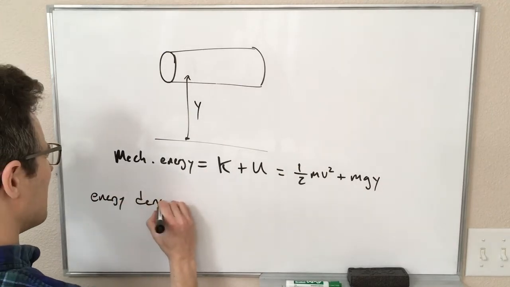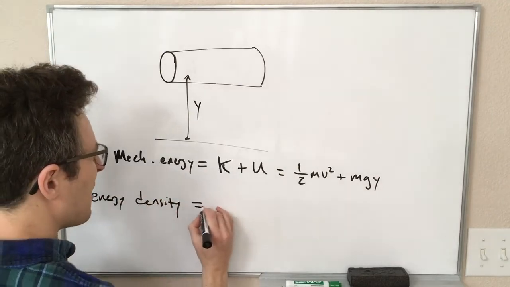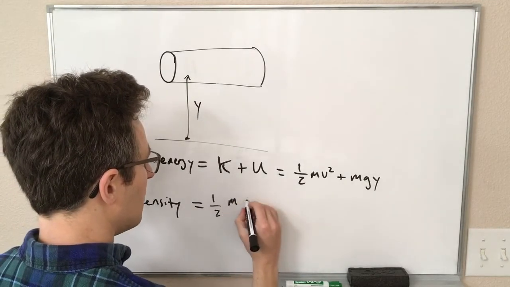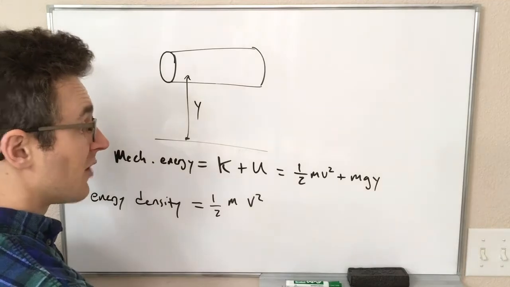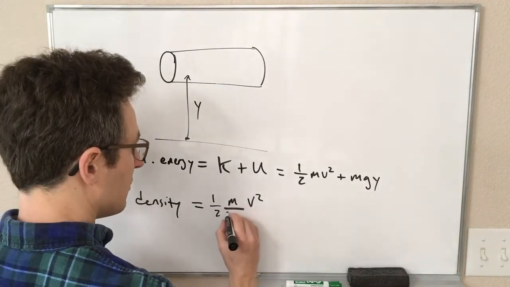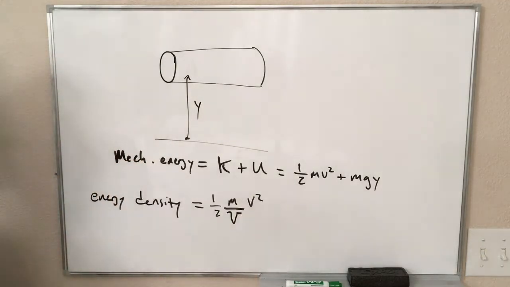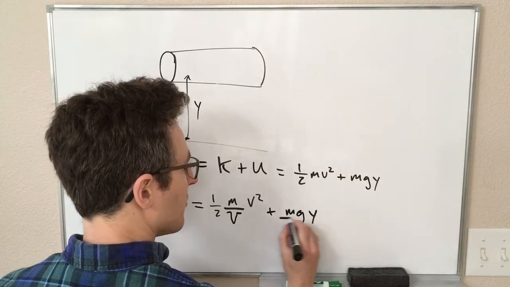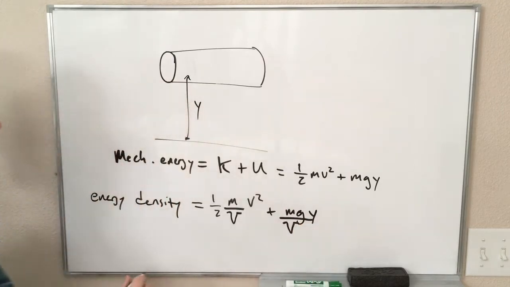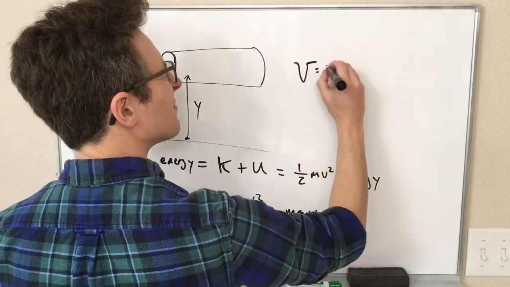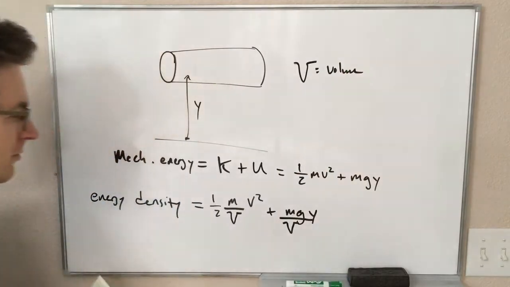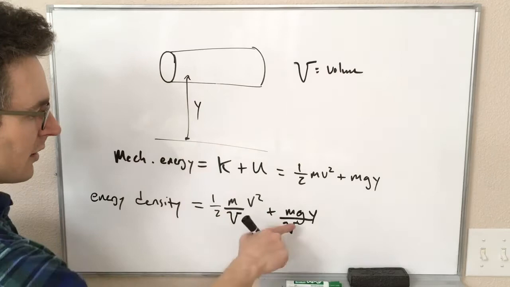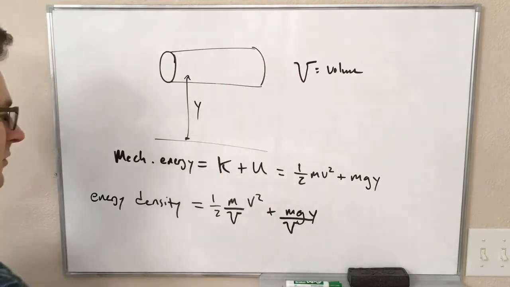So our energy density is equal to 1/2 mv squared divided by our volume, capital V, plus mgy divided by our volume, capital V. This is the volume of whatever blob of mass we're talking about, and we're not going to have to worry about what the actual volume is in just a second.